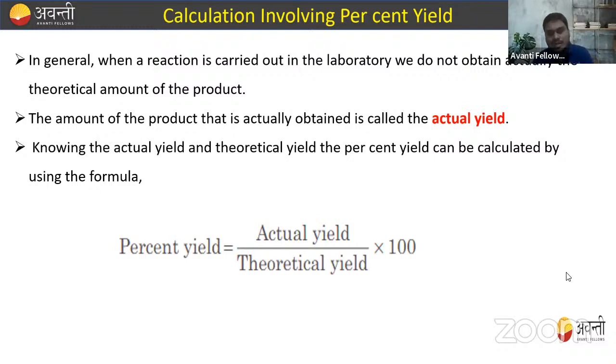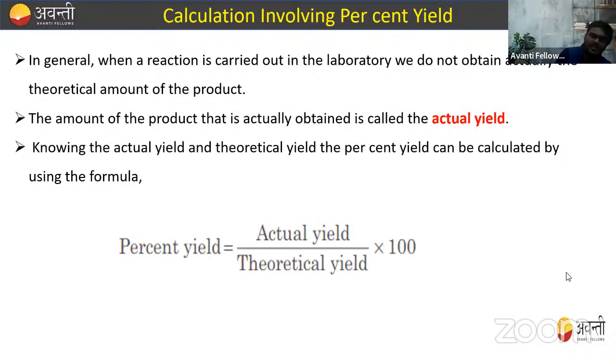And knowing the actual yield and the theoretical yield, the percentage yield can be calculated, right? So if you know the theoretical yield, that is before the experiment, theoretically this amount will form, right? And after the experiment, you'll get the exact amount that is formed in the particular reaction. So knowing the actual yield and the theoretical yield, the percentage yield can be calculated by using the formula.